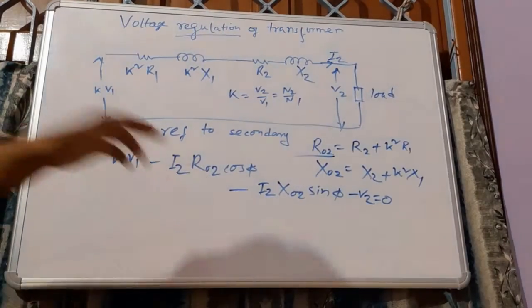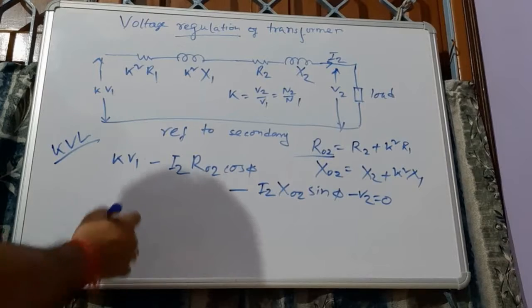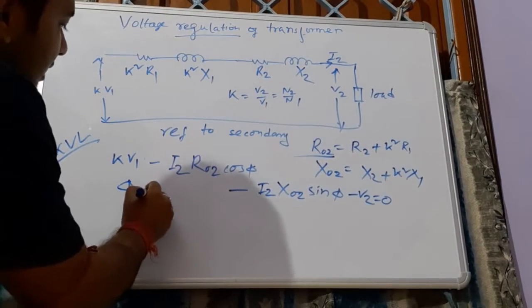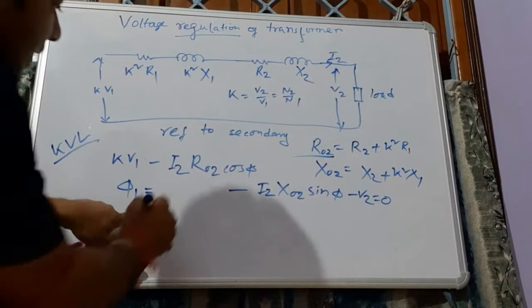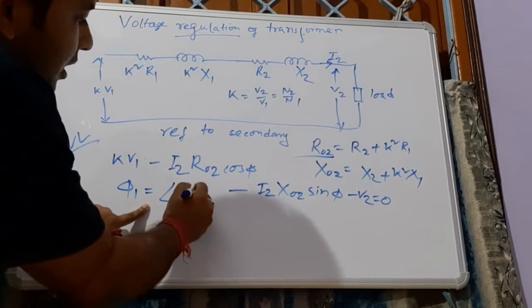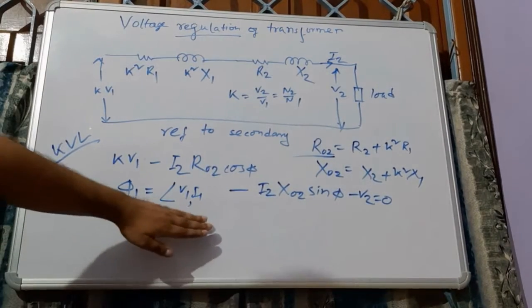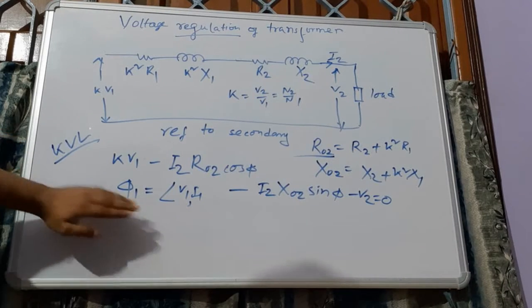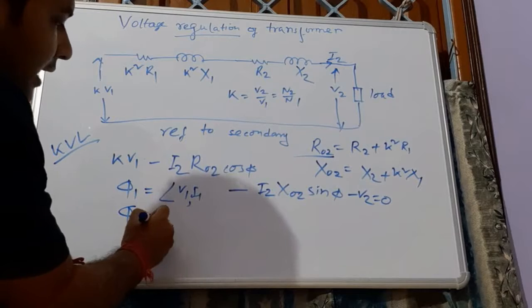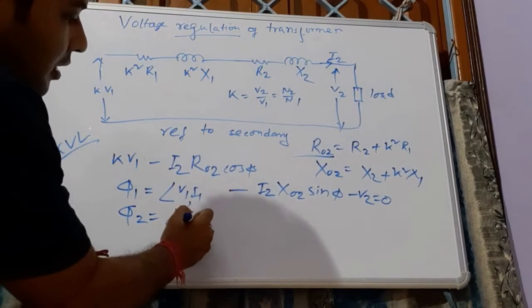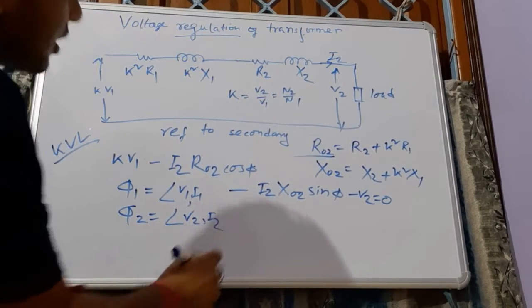Okay, now say phi 1 is the angle between V1 and I1. So this is the primary power factor angle, and secondary power factor angle phi 2 is the angle between V2 and I2.